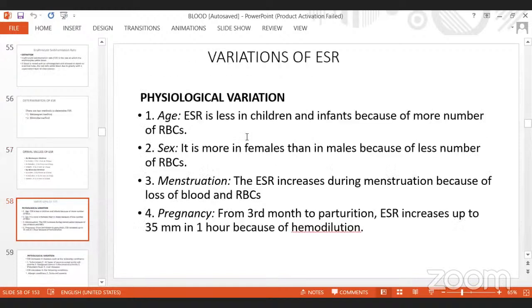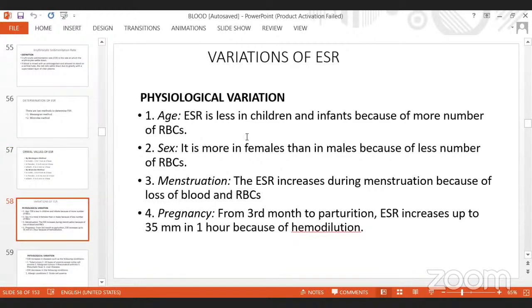In the majority of cases, ESR is used for prognostic conditions. More than a diagnostic value, ESR has a prognostic value. The first factor is age.